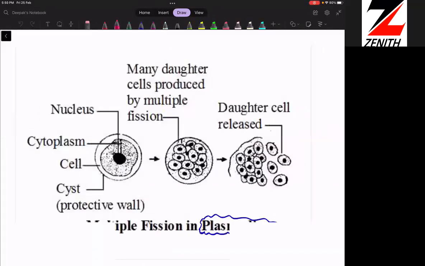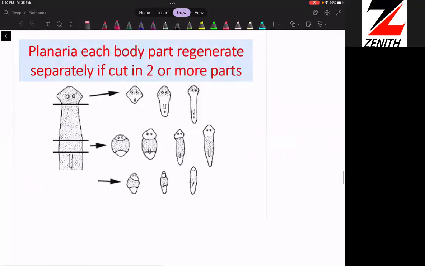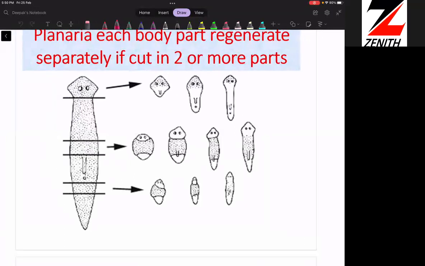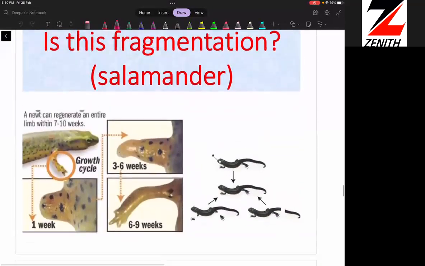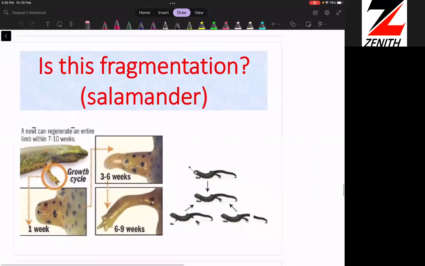Let me show you the diagram here. This is what I was talking about, planaria. You cut planaria into multiple parts, each part will grow into a new planaria. This is the salamander. So this is what regeneration is.